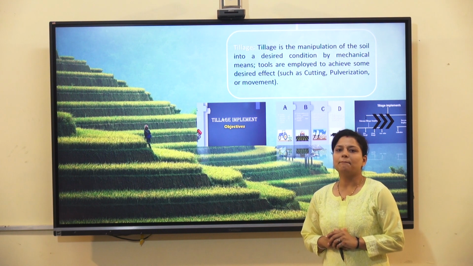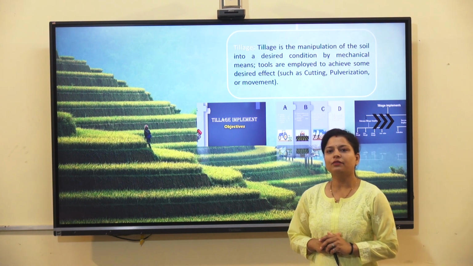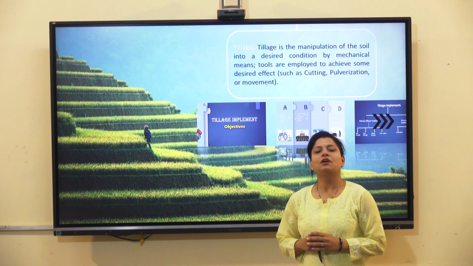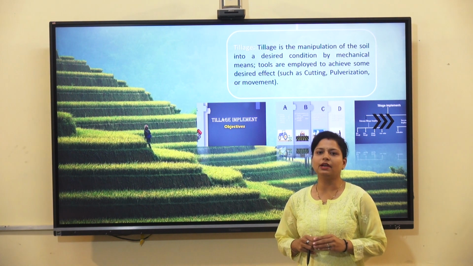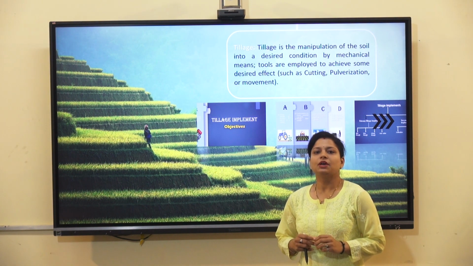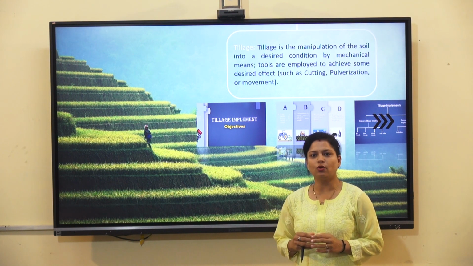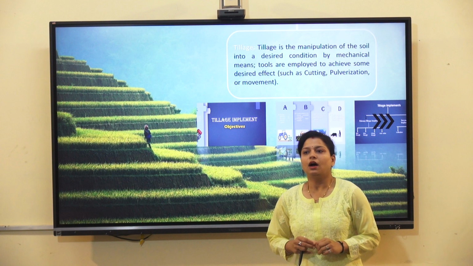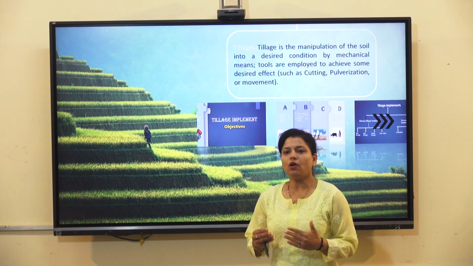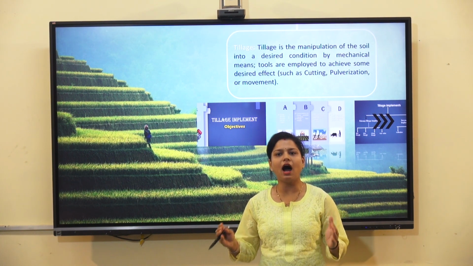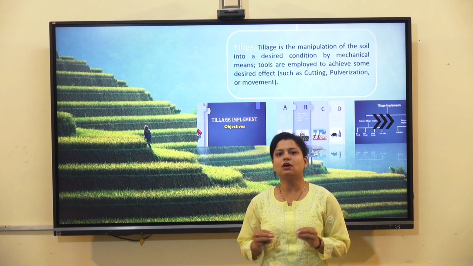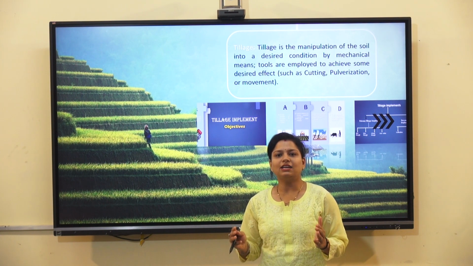So, first of all, we have to understand what tillage is. Tillage is a manipulation of soil, or we can say it is the first and a very important farming operation in which we create a favorable condition for seed growth and proper crop production. If we suddenly open the soil, there are hard soils, or larger clods.